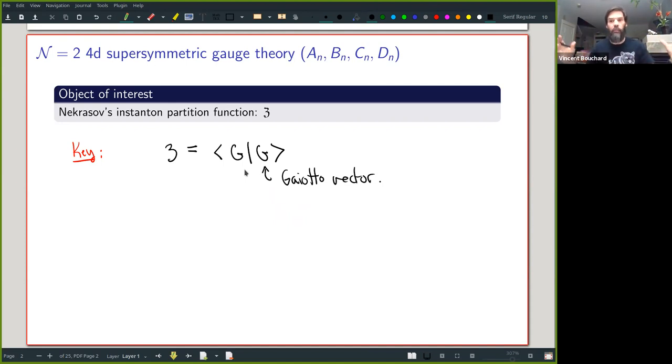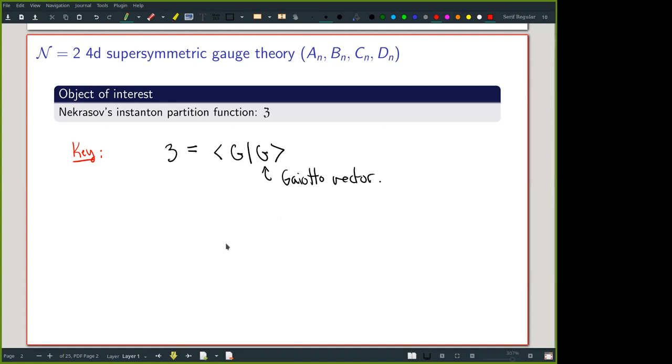We're interested in the partition function, but we will not construct it directly. What we'll do is construct the Gaiotto vector, and then the norm square gives you the partition function. In some way, this is different from other approaches using cyclic Witten curves and so on, where the partition function was constructed directly. Here we'll construct the Gaiotto vector.